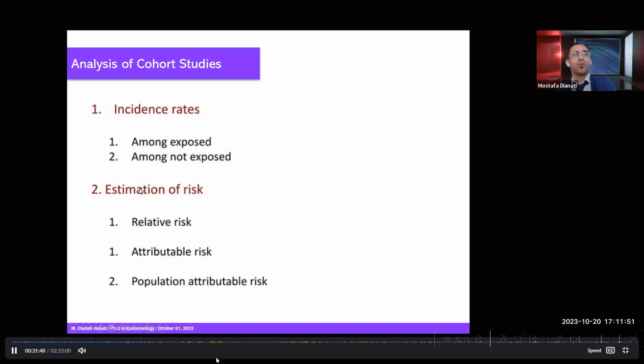Why are we doing so? Because we are going to calculate relative risk. You remember odds ratio from case control studies? Here we have relative risk in cohort studies. Maybe right now I cannot cover these two points, but it's okay. You can simply find these two calculations also in Gordis Epidemiology.